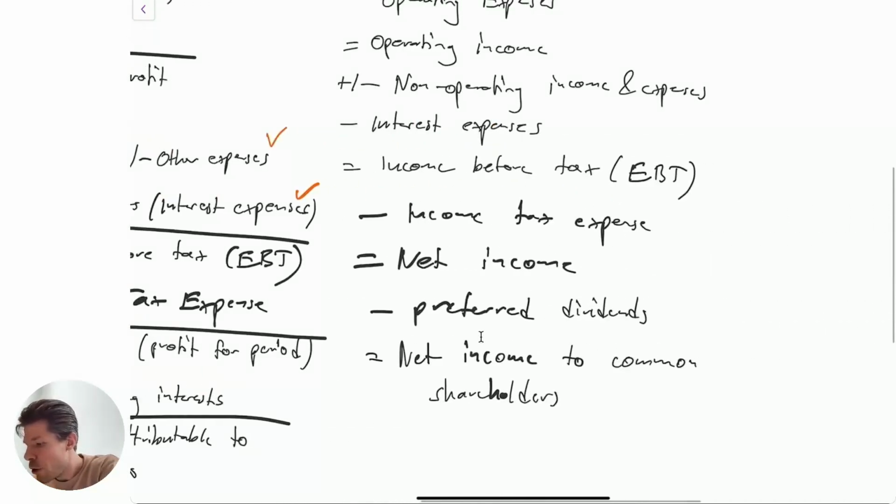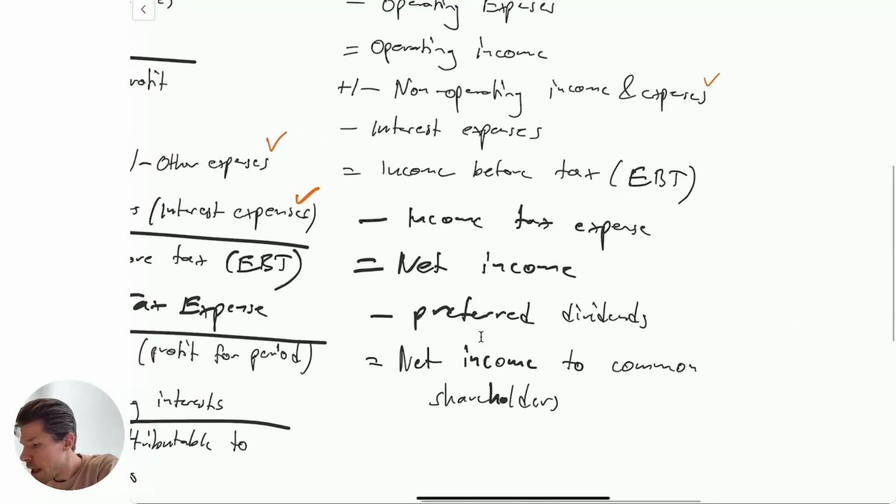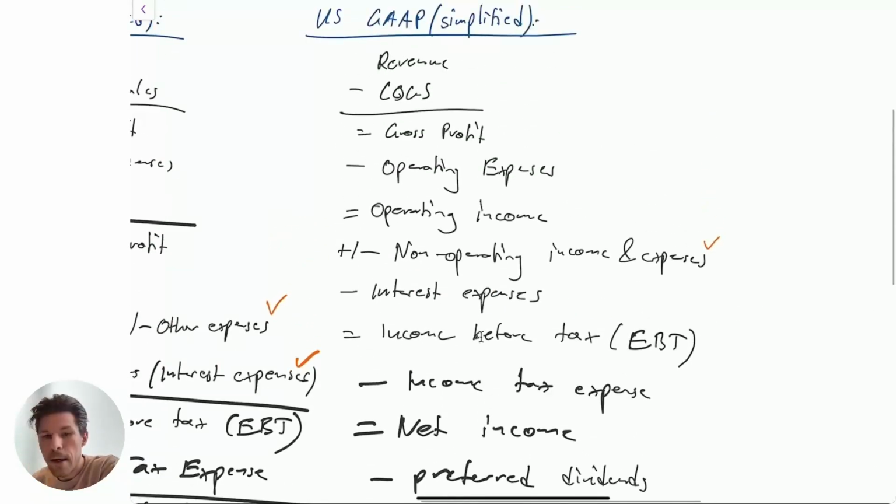Then we have non-operating income and expenses under US GAAP. Similar to what we had before, includes items not related to core operations such as investment income, asset sale, restructuring costs. It's also shown separately because you want to know what is one time or what is recurring. And then again, it helps investors to distinguish core earnings from incidental income and expenses.